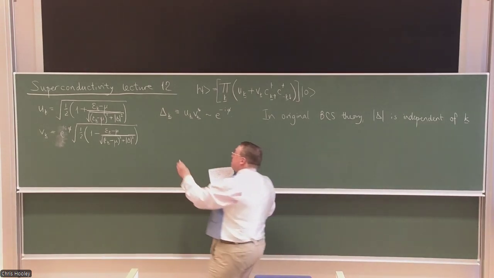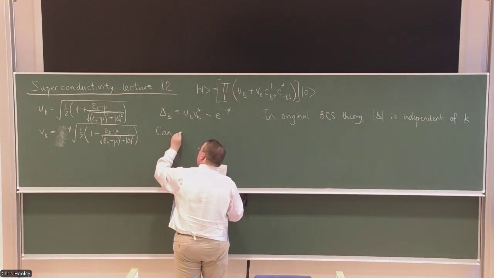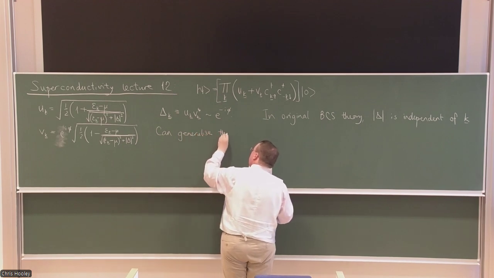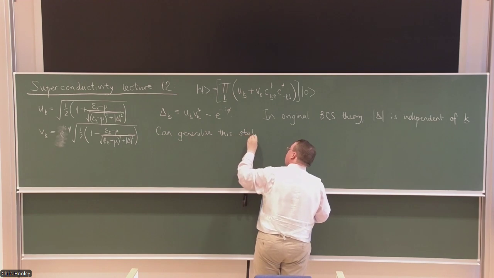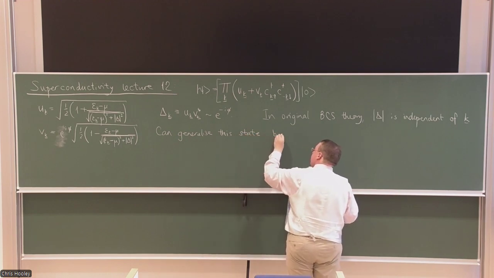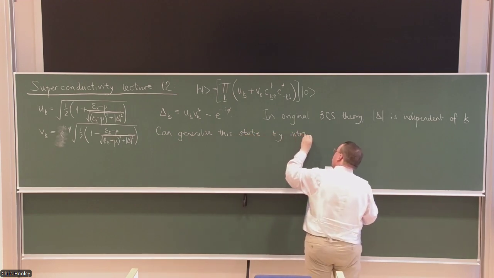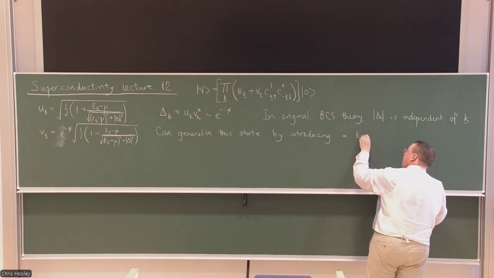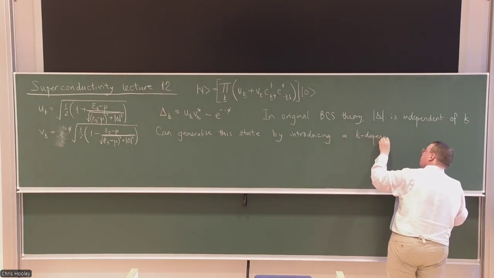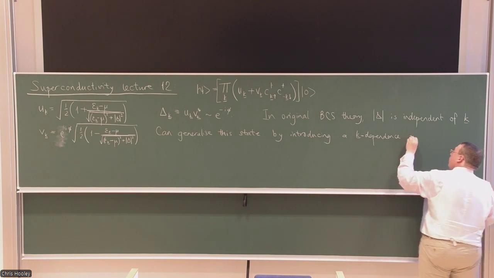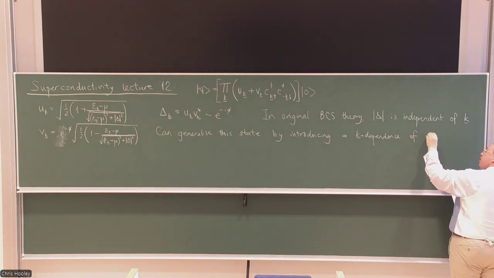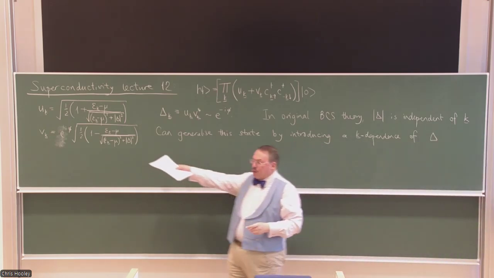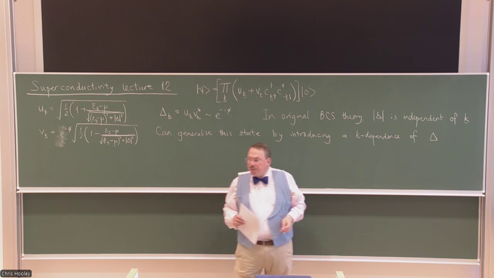But we can consider generalizations of this state, which we create by introducing a K dependence of the delta that appears in these UK and VK expressions.